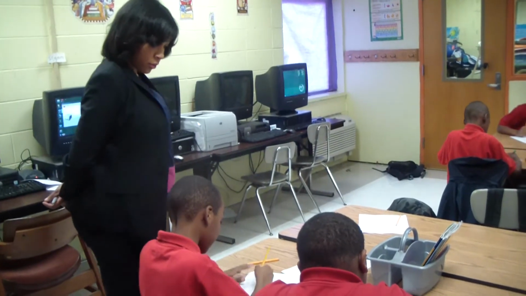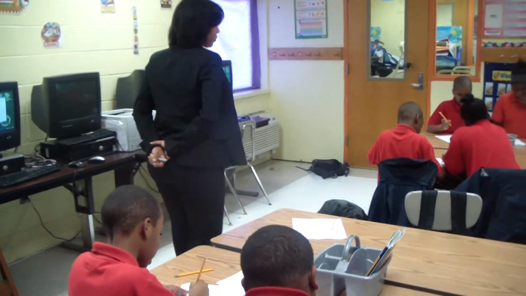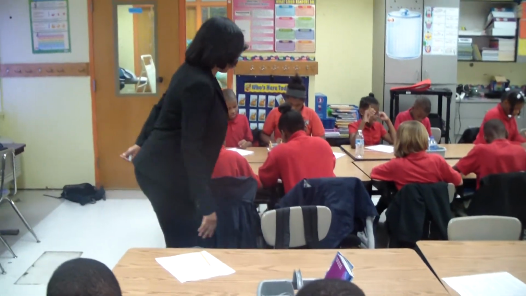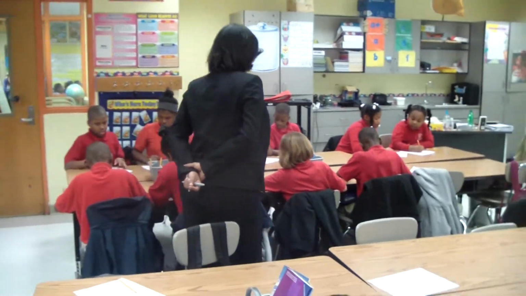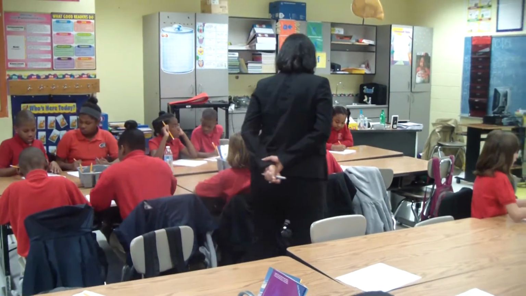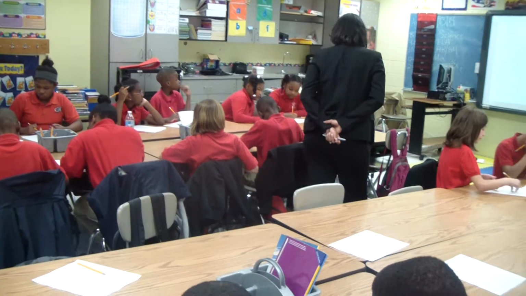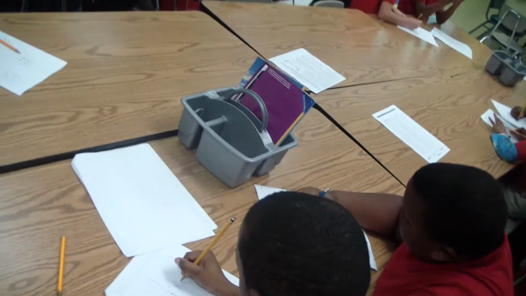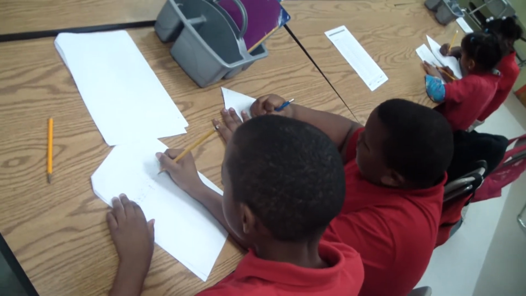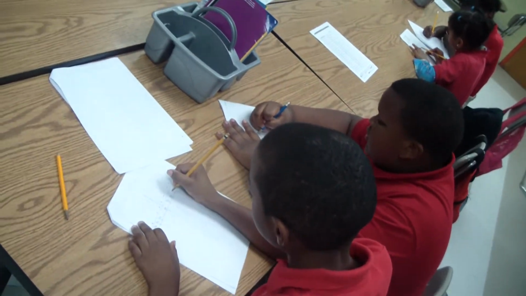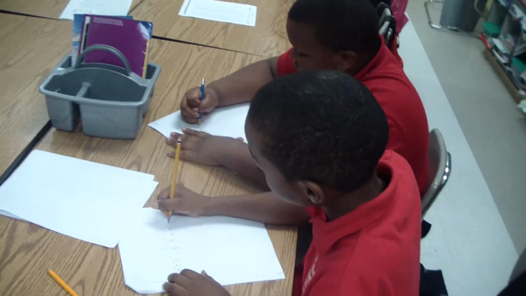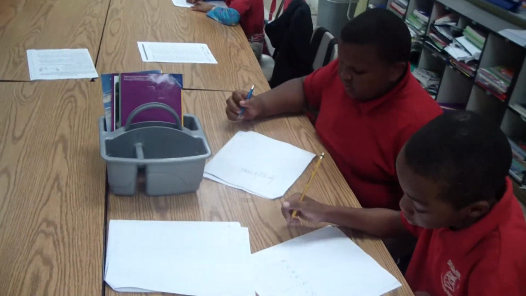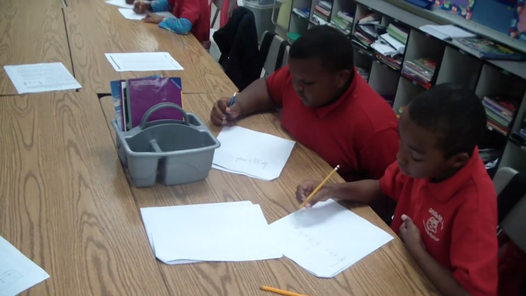How many equally spaced holes are in 2 sheets? 8. Good. Time's up.